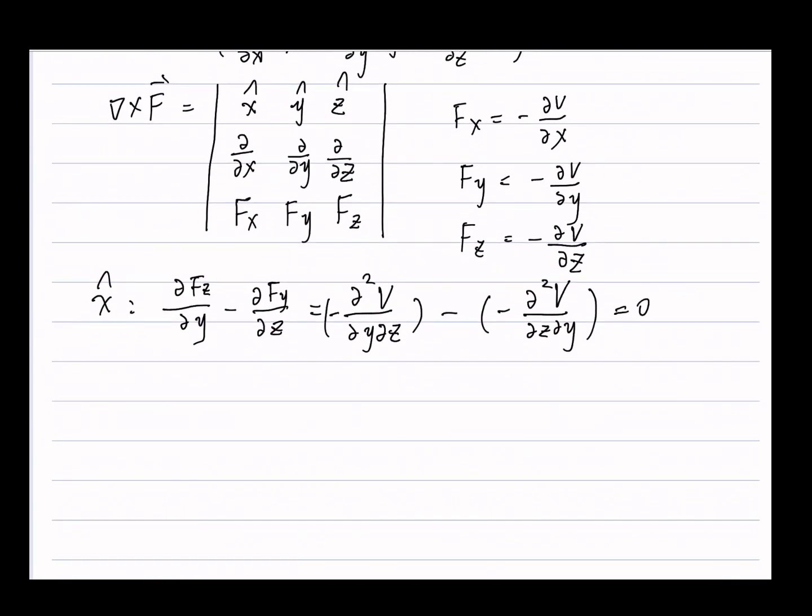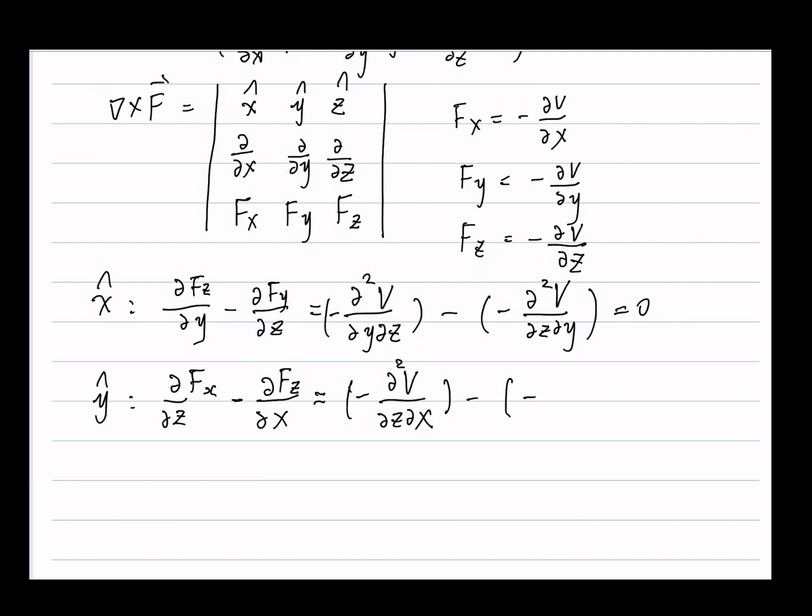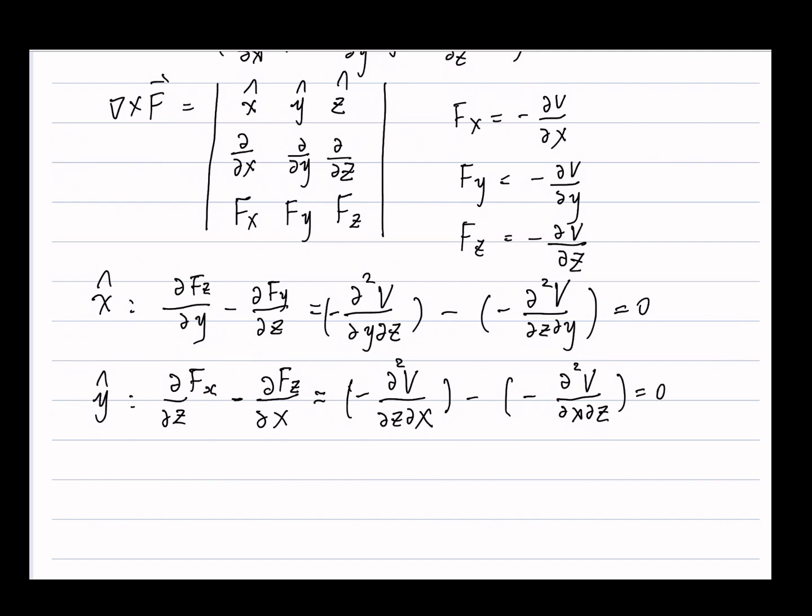And likewise in the y direction, it should be partial z Fx minus partial x of Fz. Then this gives minus partial squared V partial z partial x minus additional minus sign partial squared V partial x partial z, which gives you 0 again.